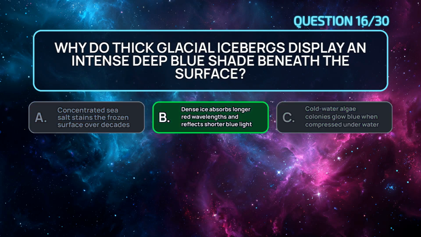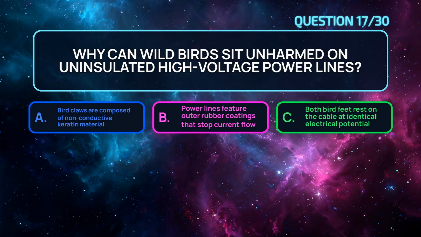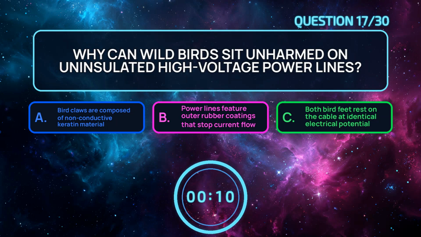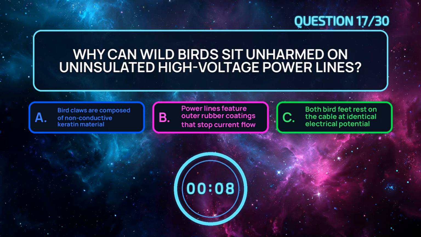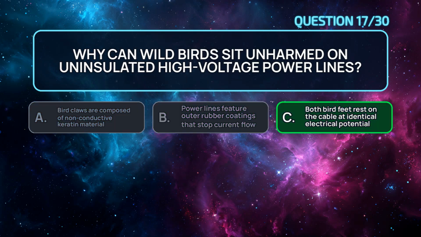Dense ice absorbs light. Why can wild birds sit unharmed on uninsulated high-voltage power lines? Correct answer. Both bird feet rest on.